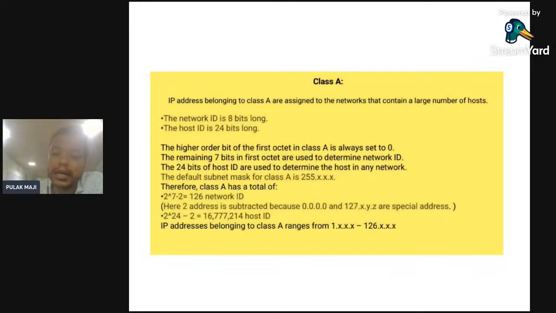Only 4 bits, 32 minus 28. If 4 bits are reserved for the host ID, then how many hosts are possible? Very simple: 2 to the power 4, a total of 16 hosts are possible in this IP address.